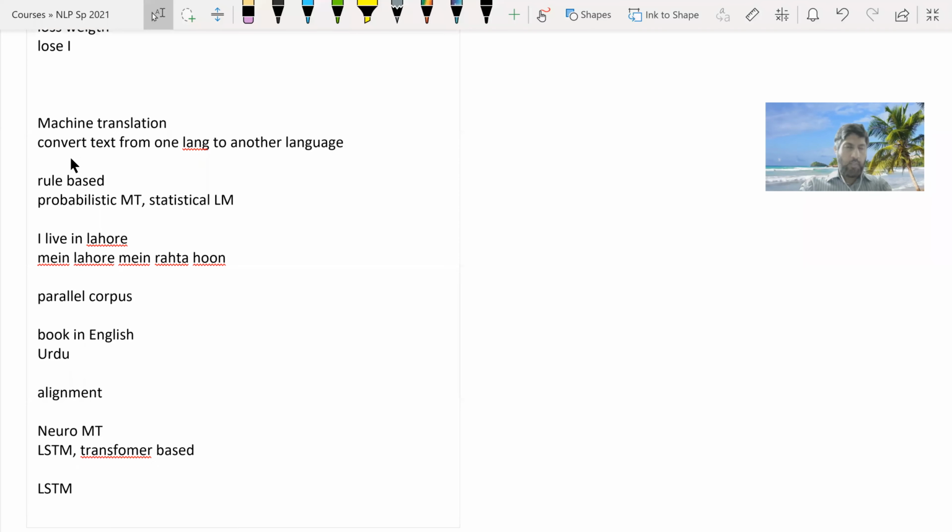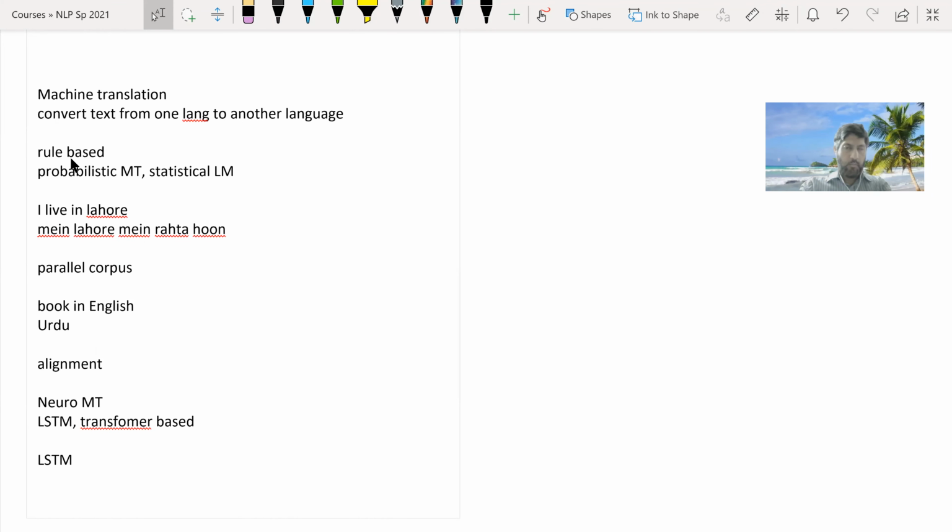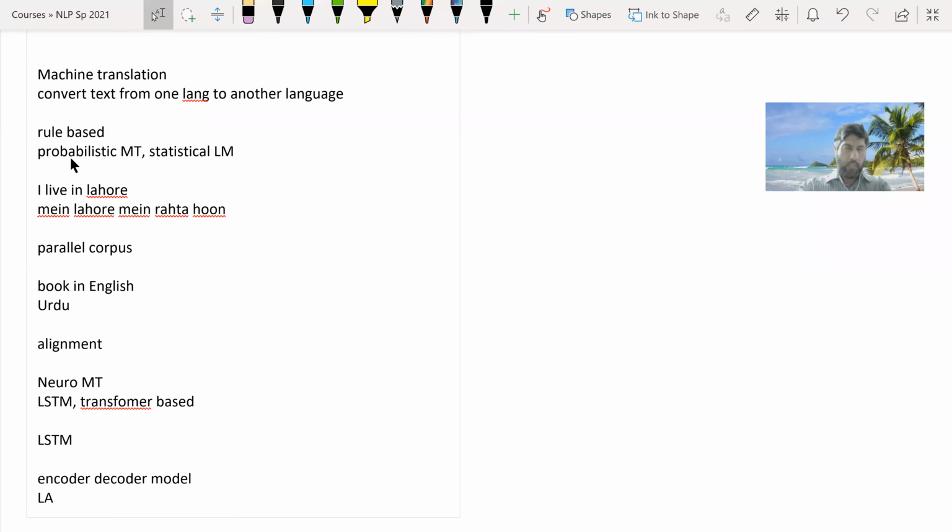So LSTM is basically used as an encoder decoder model, meaning that you have a first LSTM 1, so this is the encoder, and then you have an LSTM 2, which is the decoder.